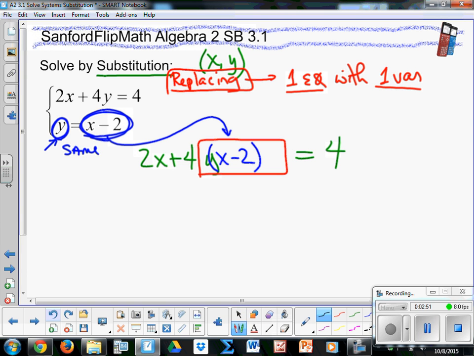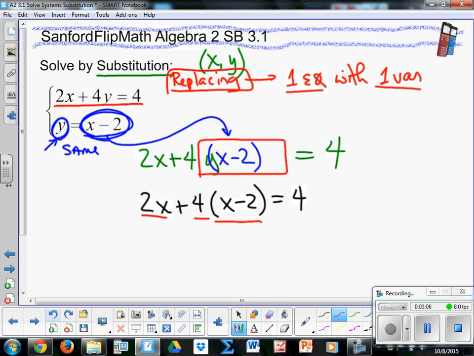Let me write that one more time so it'll stand out by itself. I'm going to read through this again. The original equation was 2x plus 4y equals 4. Well, this is y.